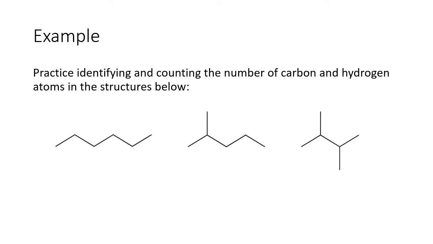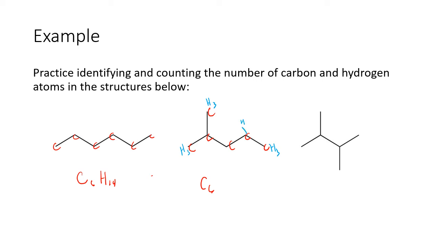So this first one, 1, 2, 3, 4, 5, 6, is going to be the same one we just did, which is C6H14. So skipping to these 2 on the right, we're going to have 1, 2, 3, 4, 5, 6 carbons total. So C6. And then where are our hydrogens? Well, coming off the end, we're going to have 3 hydrogens here, 3 hydrogens here, and 3 hydrogens here. 9 so far.